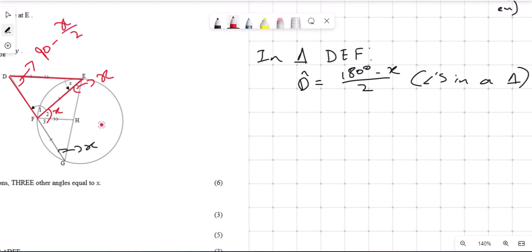But if we were to expand our triangle, I do have this angle, that angle, and that angle.